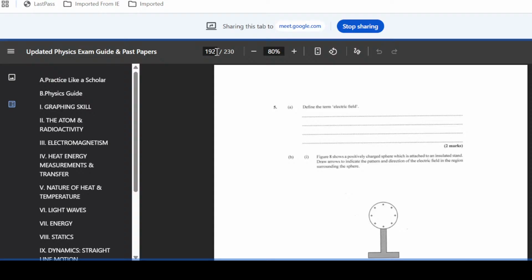So the negative charges in Q would be closer to the positively charged sphere. Alright, and you'd be connecting a wire down to Earth.